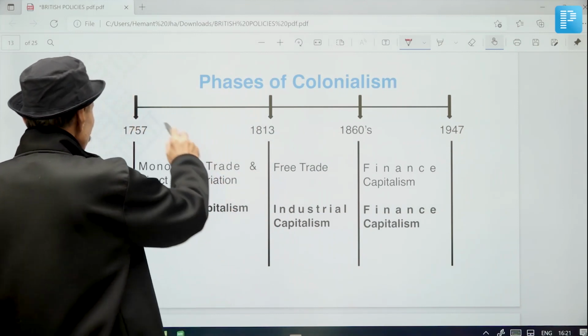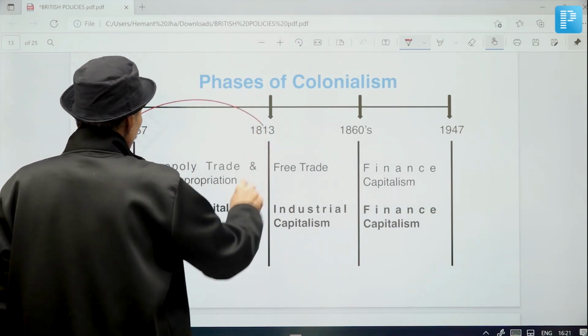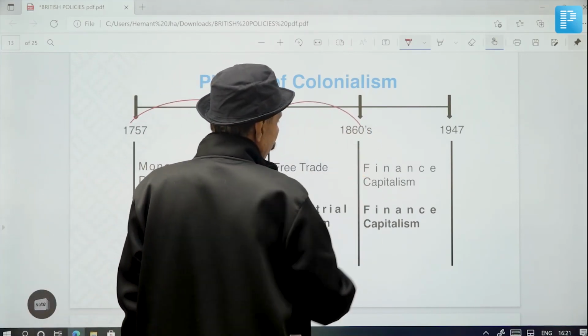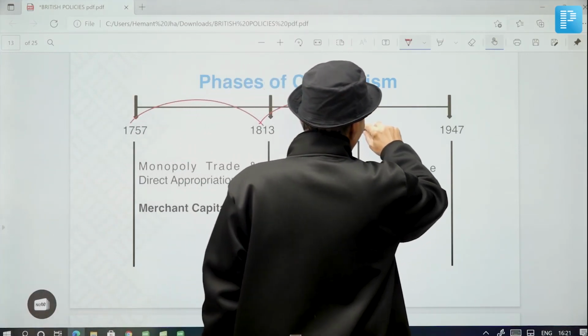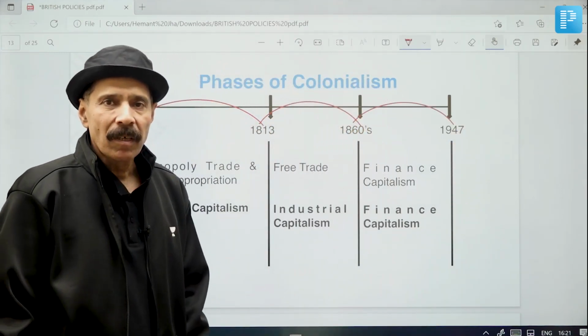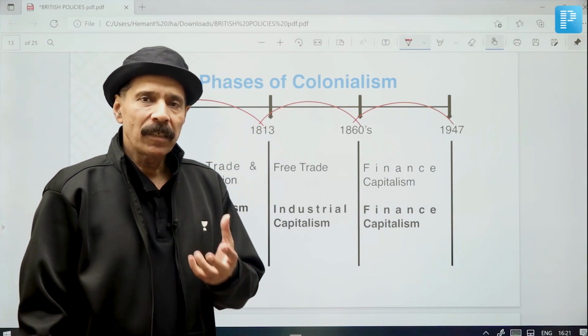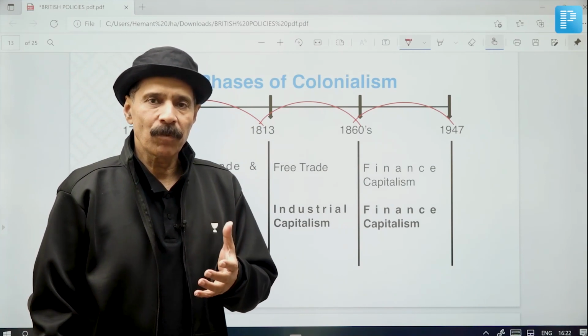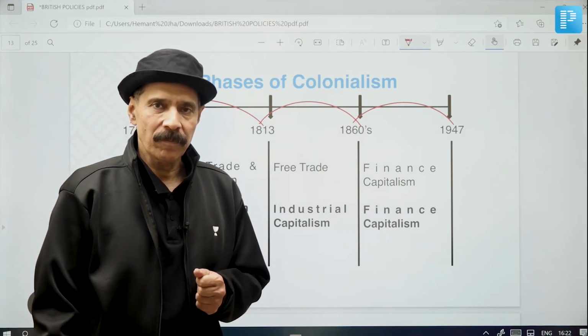And these periods are: first phase 1757-1813, second phase 1830-1860s, third phase 1860s-1947. This simply means the basis of colonialism underwent a change. The instruments of colonialism underwent a change.